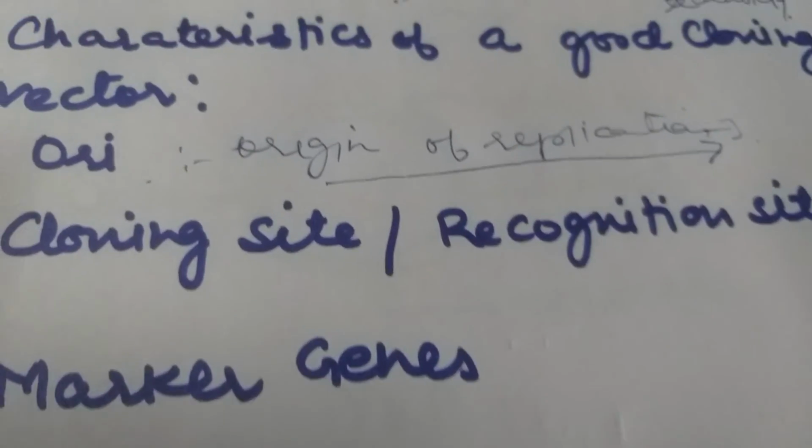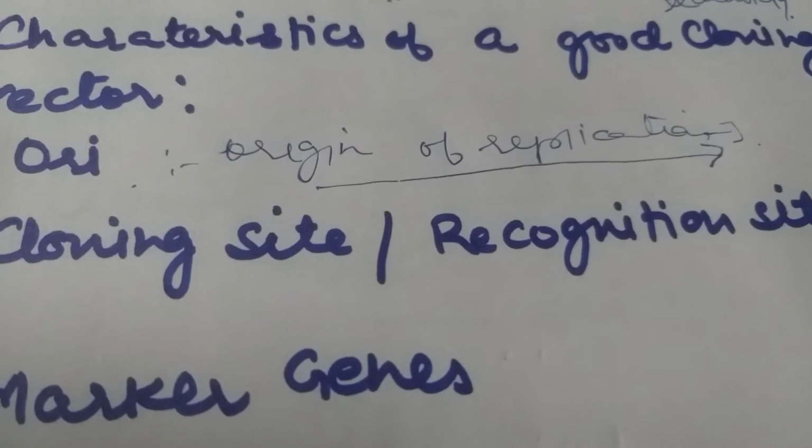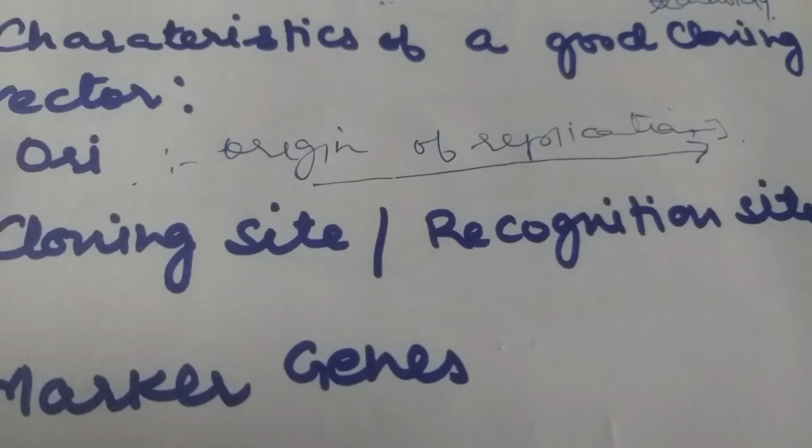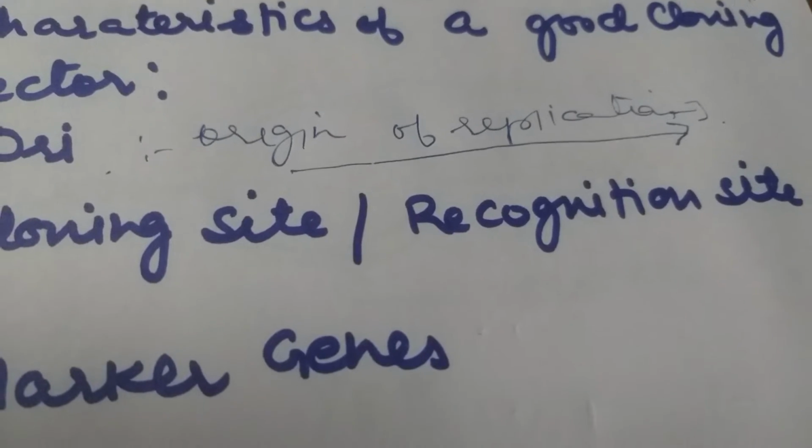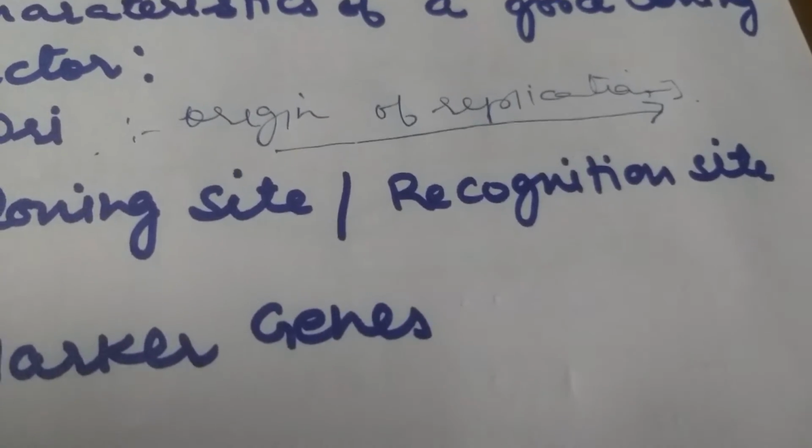Second, I said, is the cloning site. It is also called the recognition site. It is that DNA segment within the vector where the DNA insert can easily be attached and easily removed.